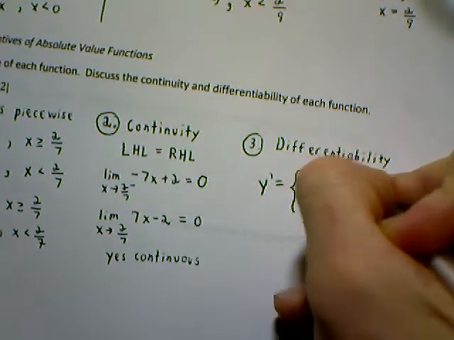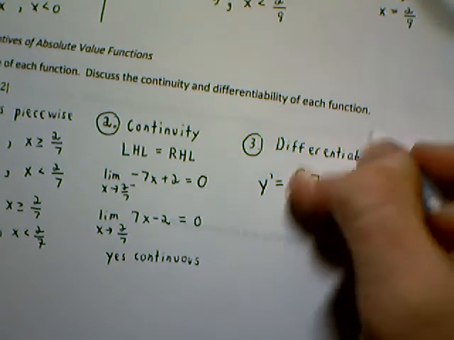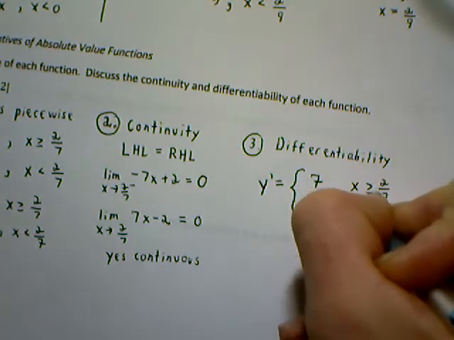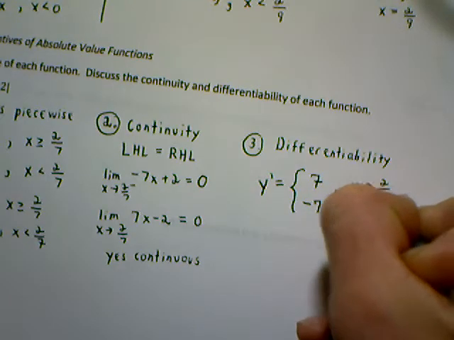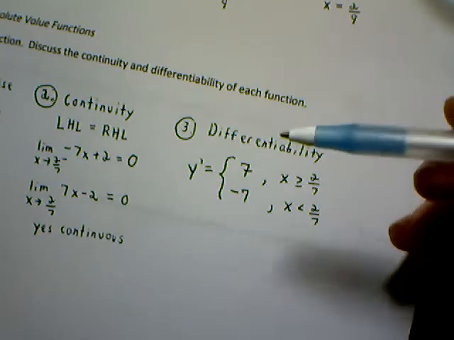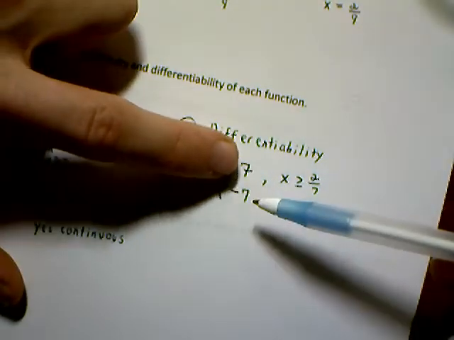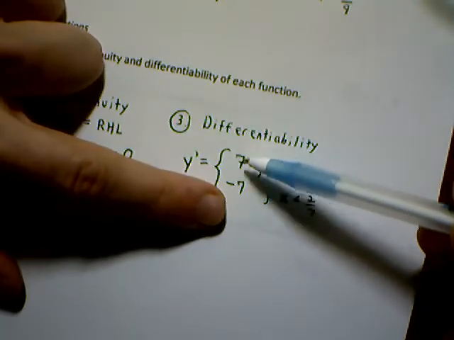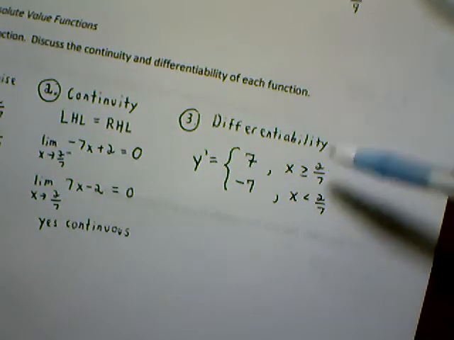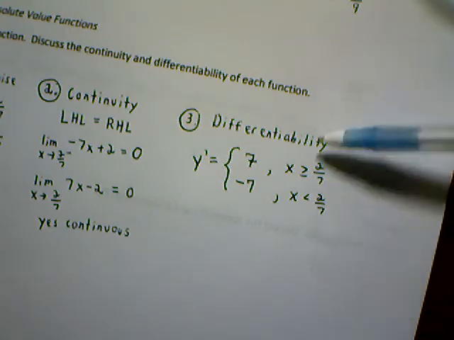And we can say when x is greater than or equal to 2/7, and when x is less than 2/7. The derivative means slope, and I can automatically see that the left-hand derivative is different from the right-hand derivative. So I know the function's not going to be differentiable at 2/7.